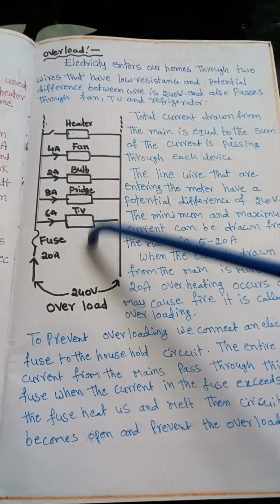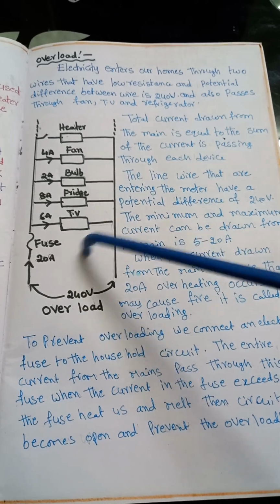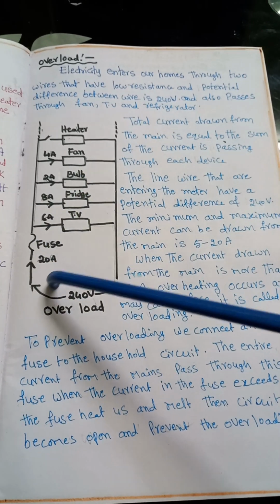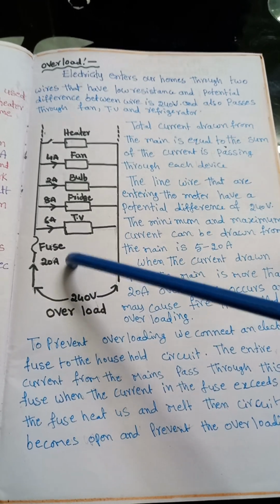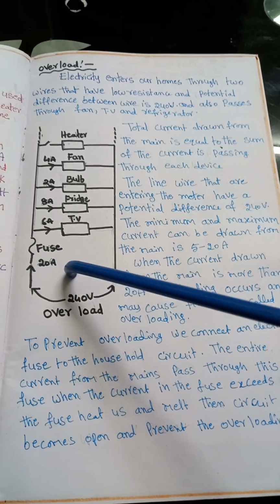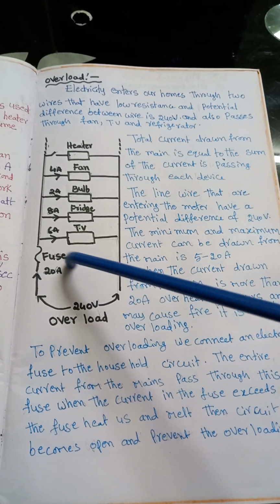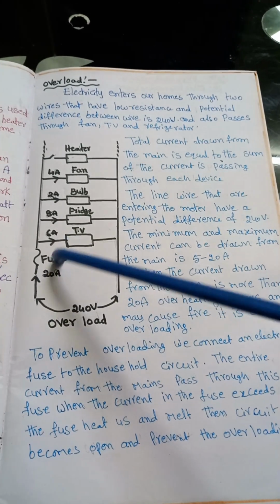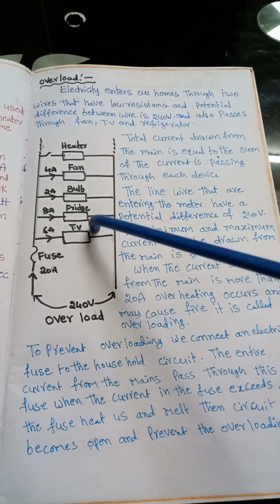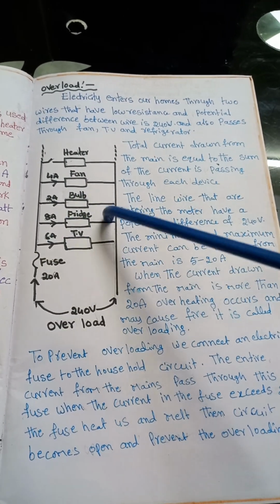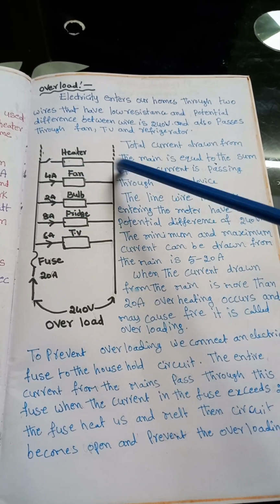Sometimes overloading happens in our home. It means when we use current exceeding 20 amperes. So we consume electricity more than 20 amperes. Then all these devices are spoiled and fire burns all these devices in our home.